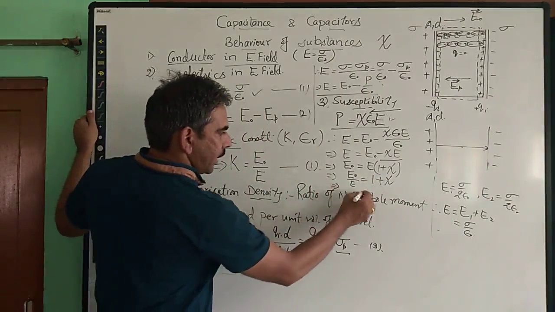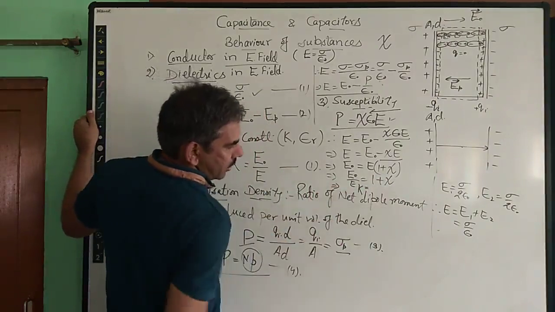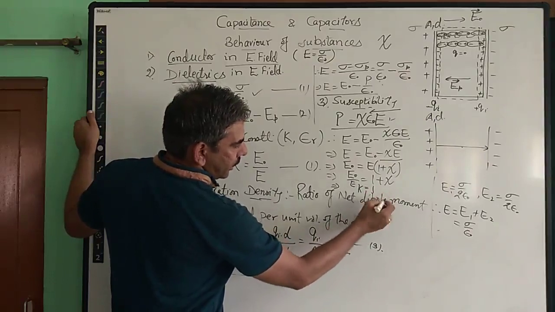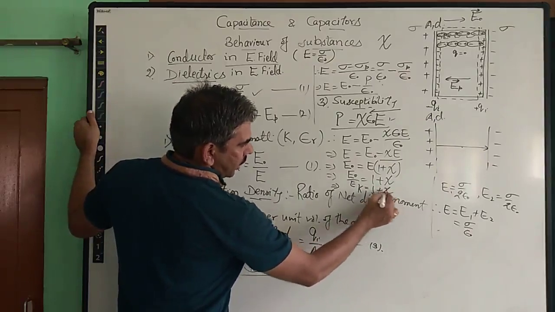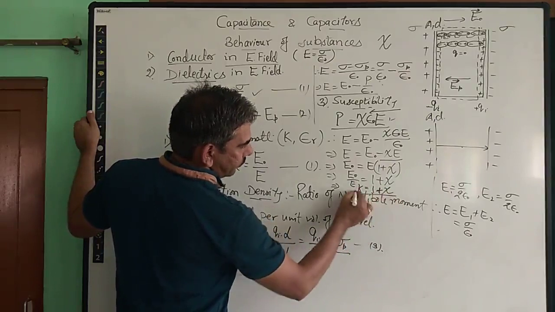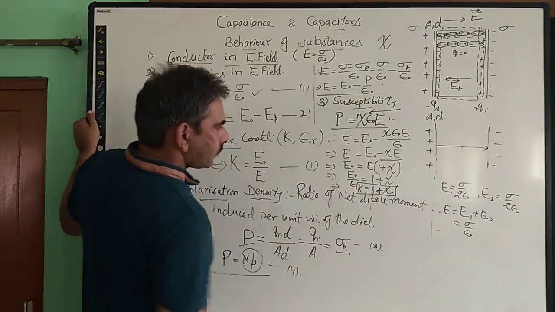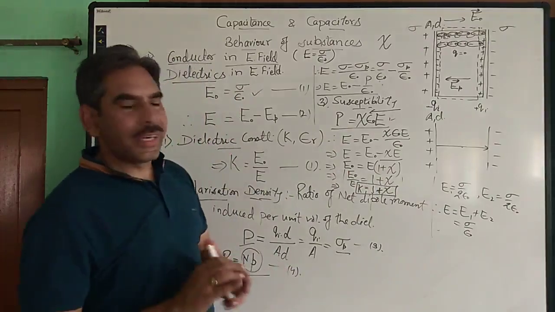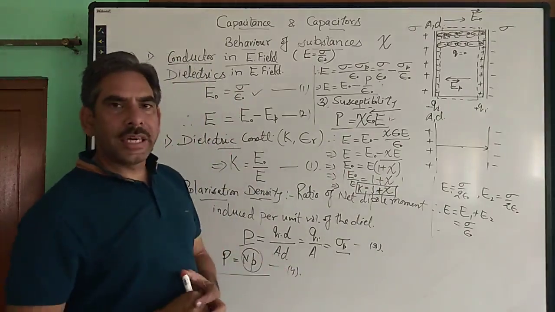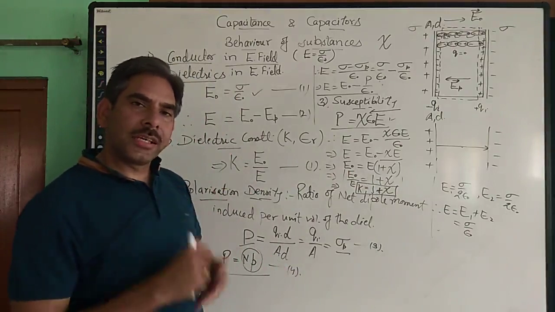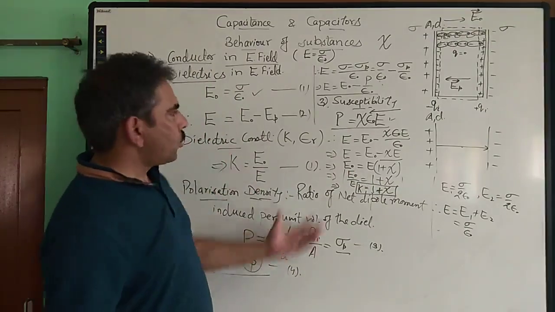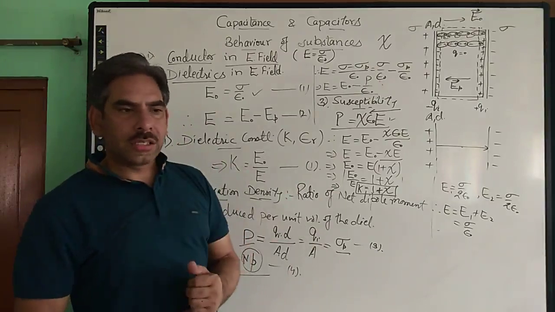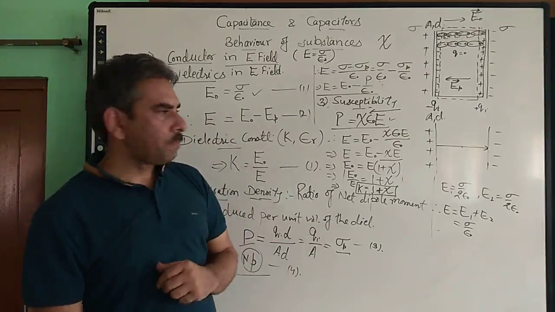So K, the dielectric constant, is related to susceptibility through this relation: K is equal to 1 plus xi. These are a few things related with a non-polar dielectric whenever it is subjected to some external electric field. All these quantities help us understand the behavior of a dielectric inside some external electric field.